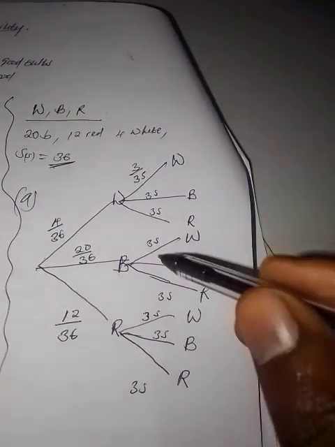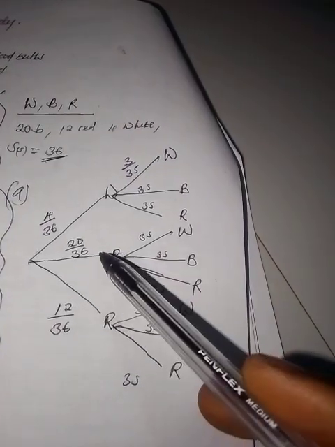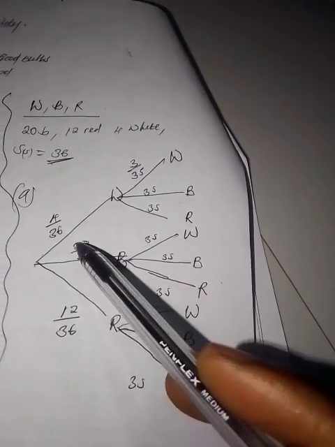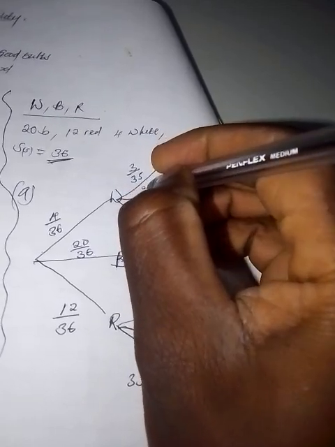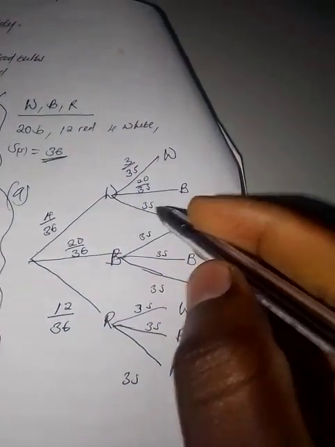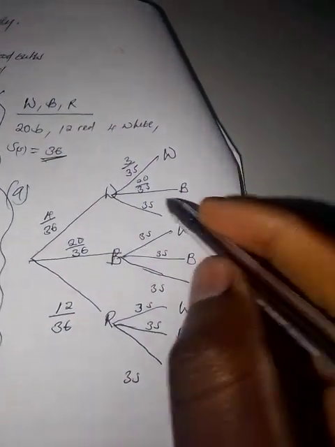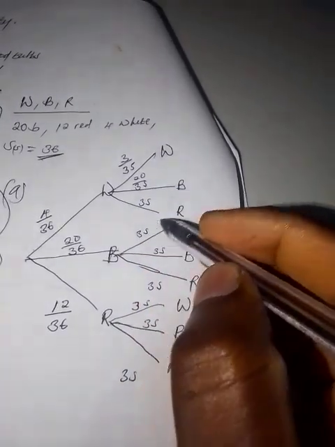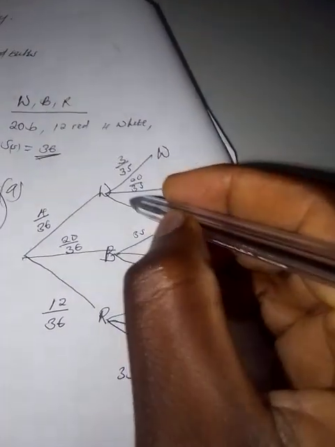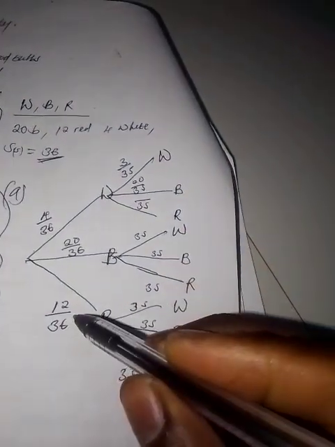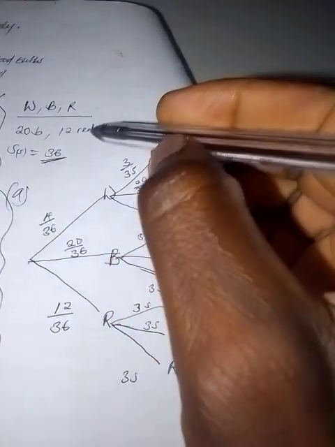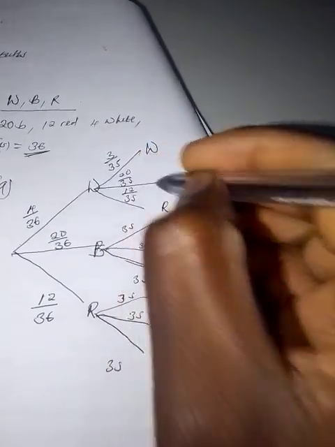So we are going to get the one for blacks. So the blacks are 20, so it will be 20 out of 35. Then from the white buttons, can we get the red ones? No, it's impossible. So we are going to get the one for red. How many red buttons do we have? We have got 12. So it will be 12 out of 35.